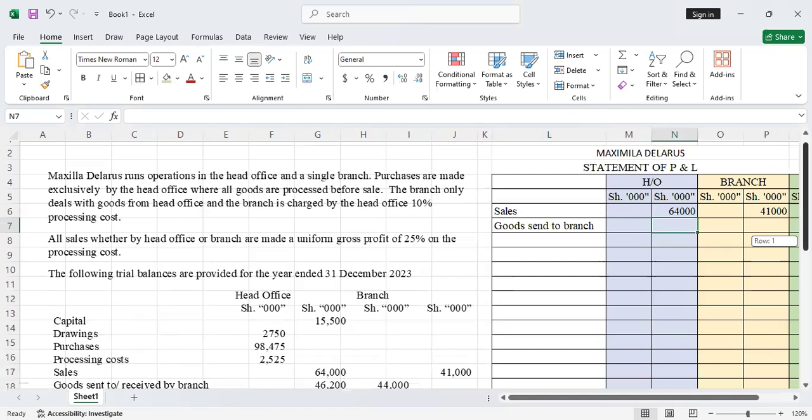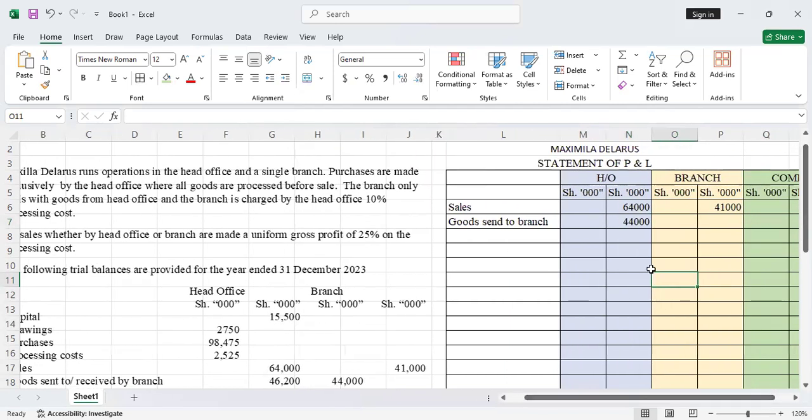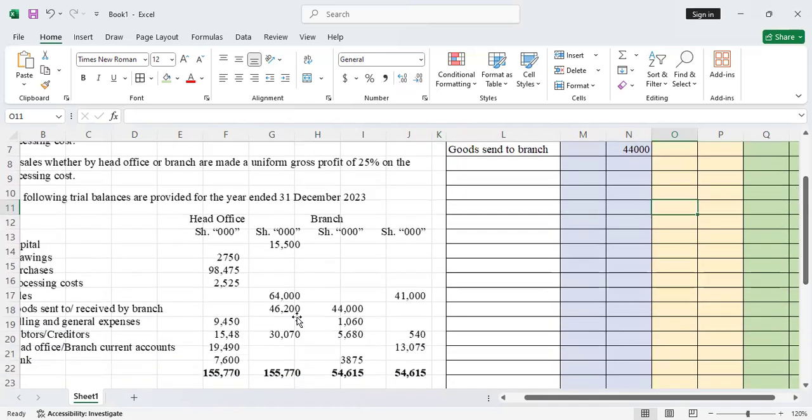Now, the head office is reporting that they sent goods worth 46,200. All right? But we need to understand this 46,200. The branch received 44. You see that? But at the end of the day, the head office is reporting that they sent goods for 46,200.